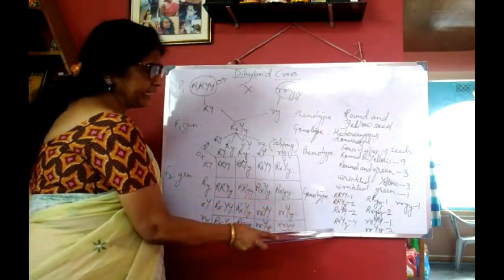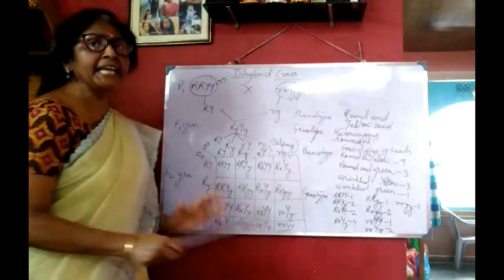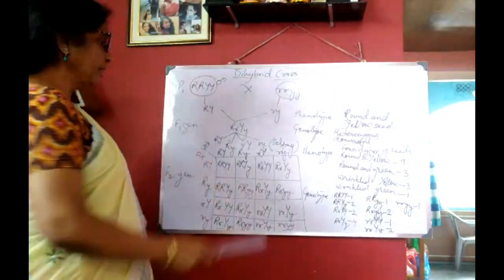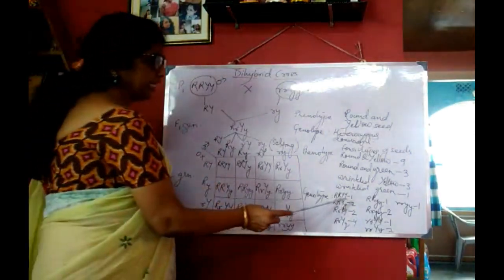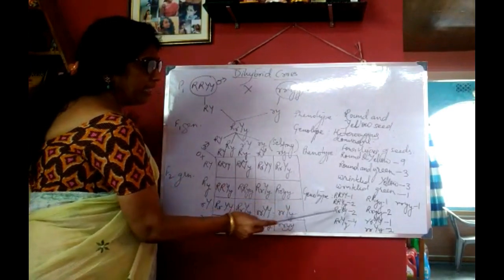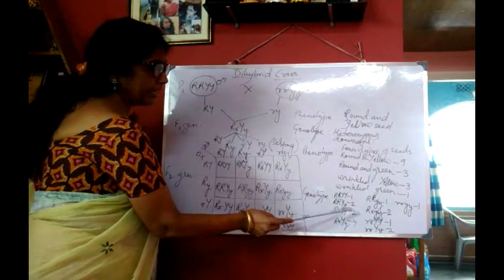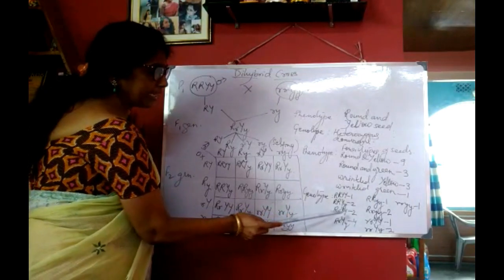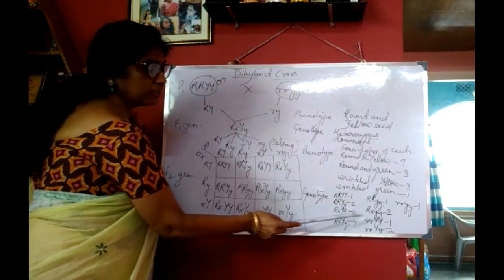I have written here the genotype, that is the genetic constitution or genetic makeup of the F2 generation. You see, I have written capital R capital Y 1, capital R capital Y small y 2, small r capital R capital Y 2.